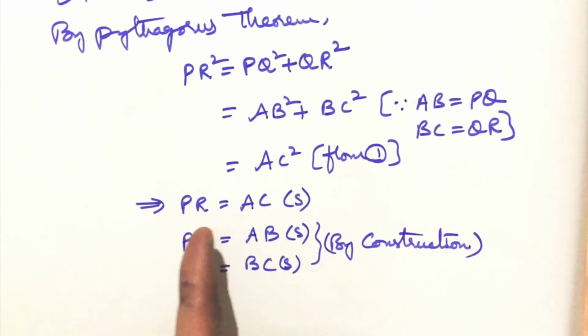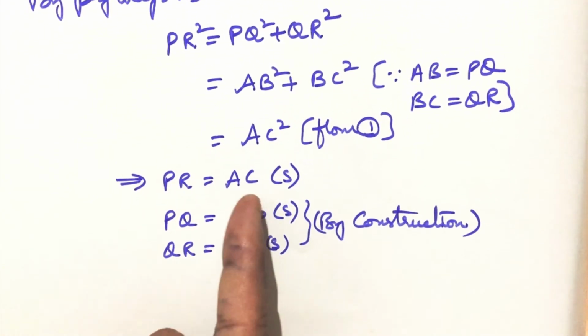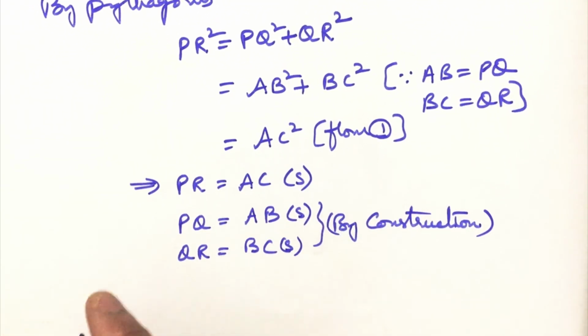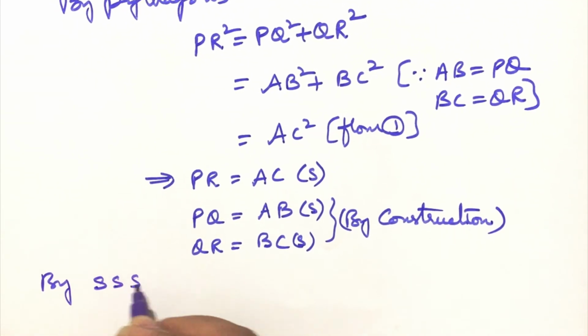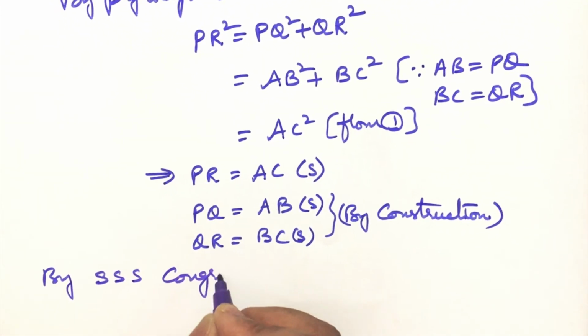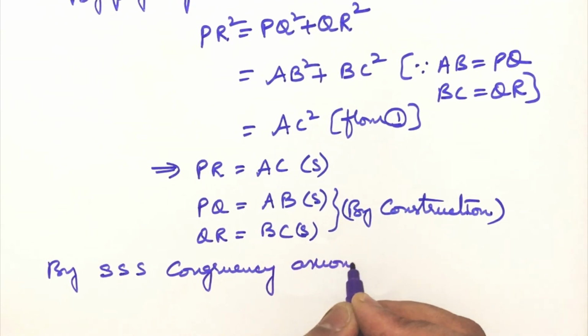If you look at that, all three sides of one triangle are respectively equal to all three sides of the other triangle. So you can use the congruency axiom, the SSS congruency axiom.